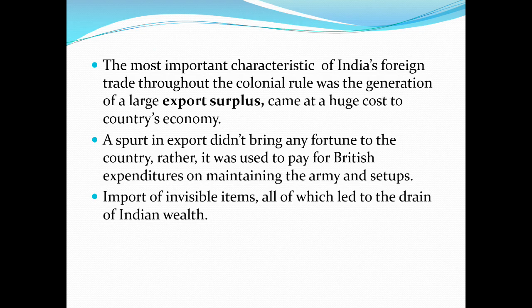It was never known to the Indians. So all of this started to drain Indian wealth. They would export something and in return take something else. We don't know what they did, but we knew only that they were exploiting all of India's natural resources, raw materials, and the exports of finished products. Okay, moving on to the next slide.